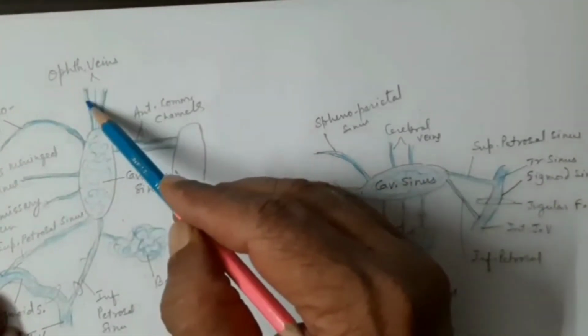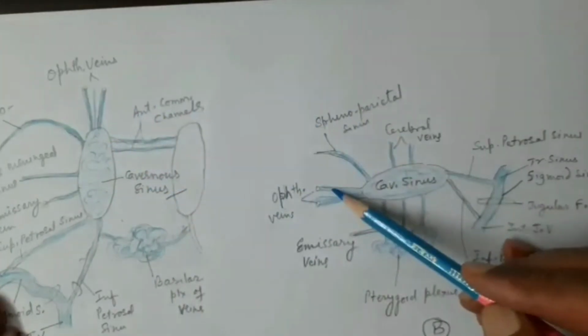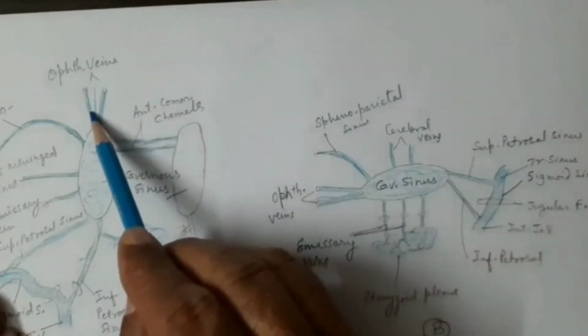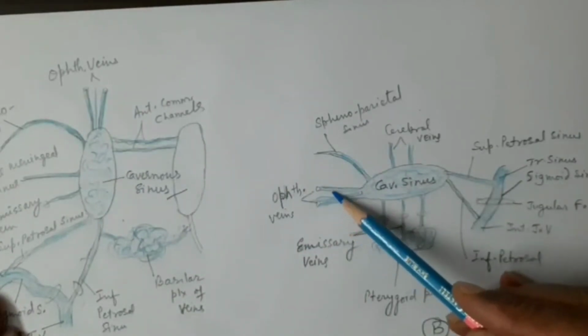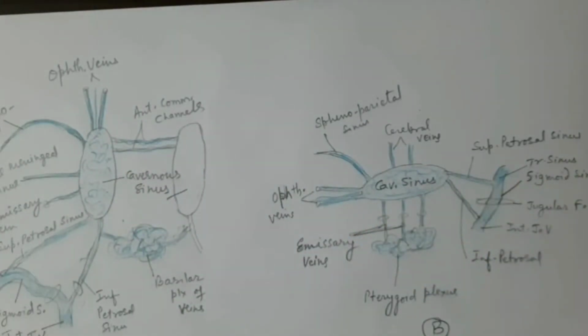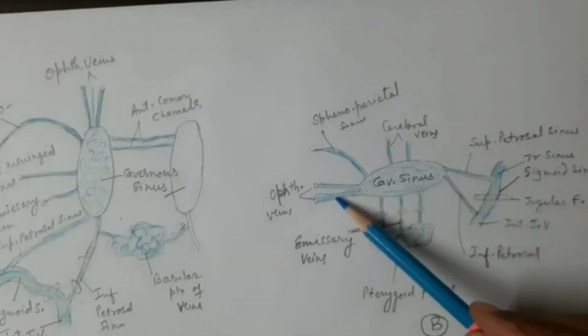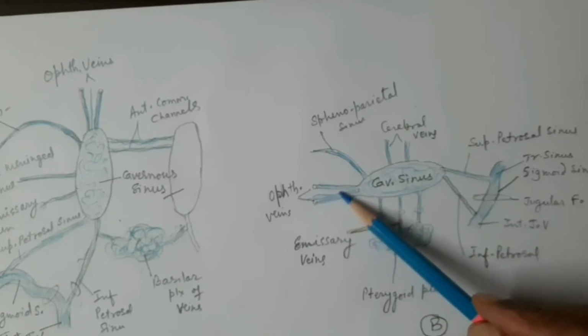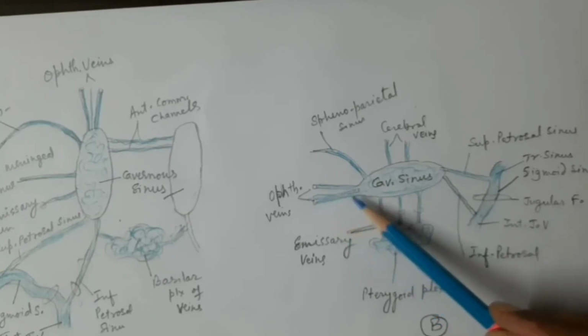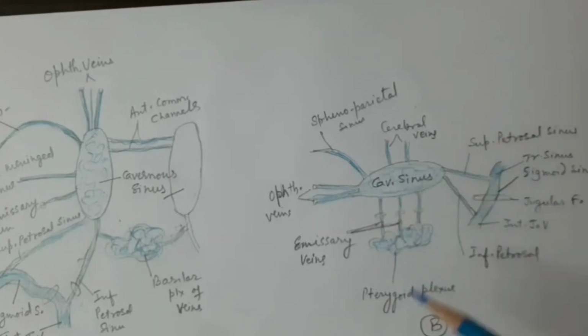Then there are the ophthalmic veins on the anterior side. These are the superior and inferior ophthalmic veins, which bring the blood from the eyeball and the orbital cavity. They bring the blood through the superior orbital fissure, which I have shown in this diagram.